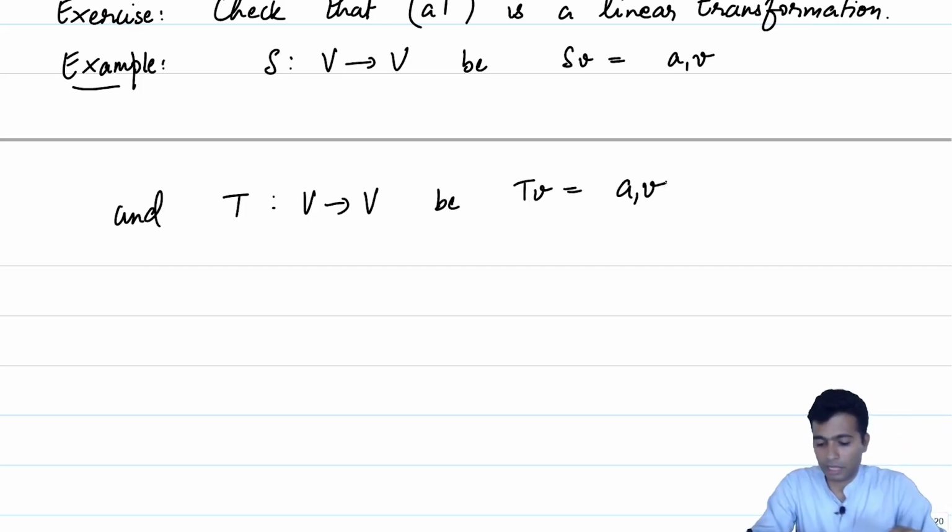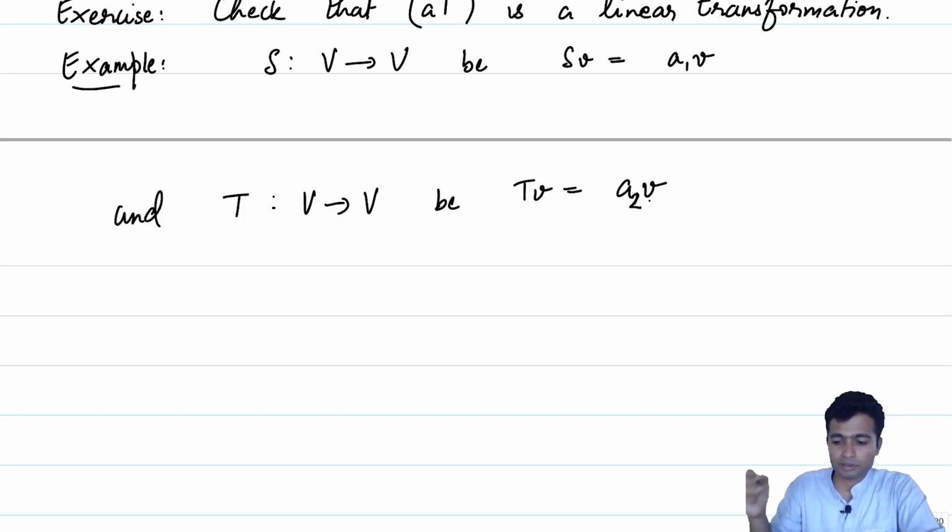It does not need to be a dilation, it could be any linear map, but for the sake of this example, let us look at S from R3 to itself, given by S of any vector V is say 3 times the vector, and T dilates it by say 6 times. So, T of V is 6 times V.